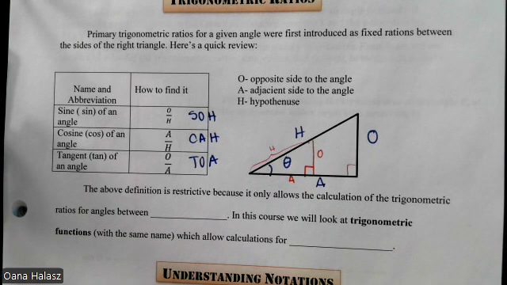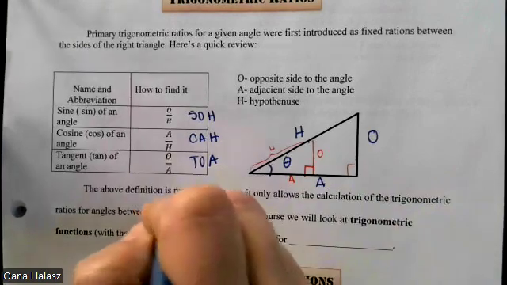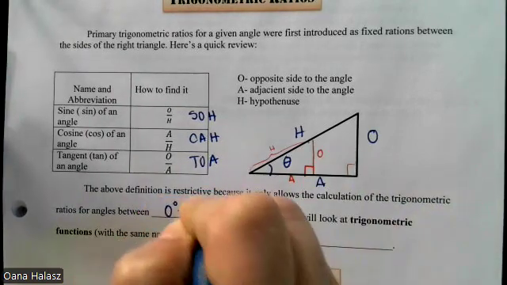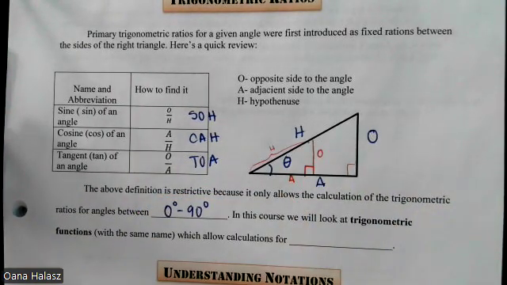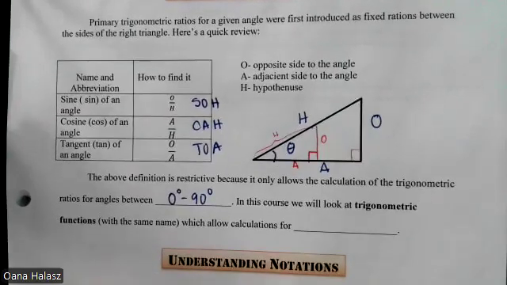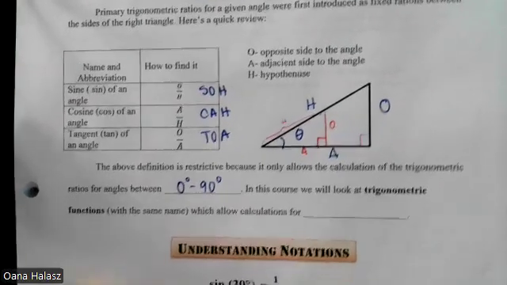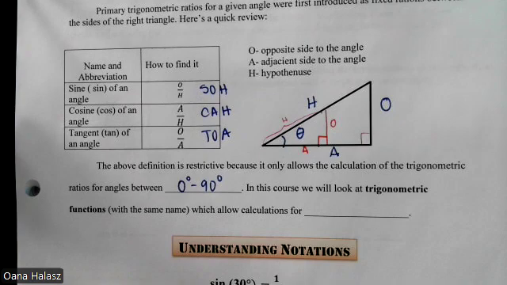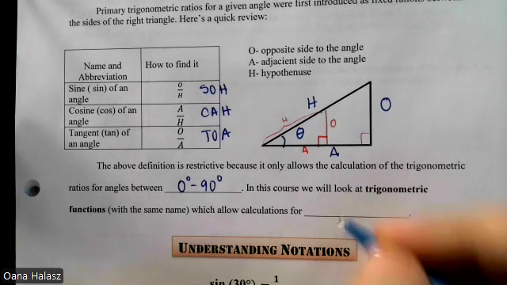They apply throughout, because we discovered the functions that are based on these as well. The restriction comes from the fact that we can only go between 0 and 90 degrees. Once we discover trigonometric functions, these will allow calculations for any angle.